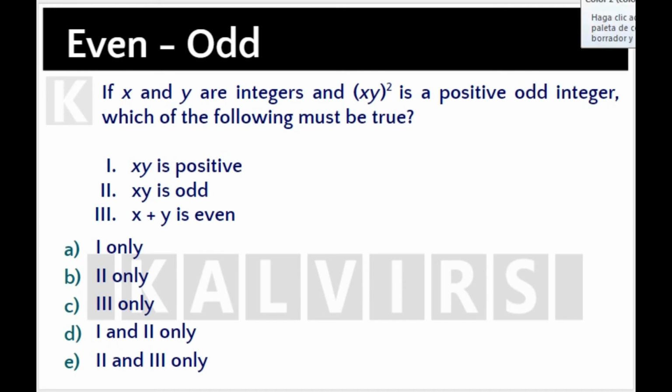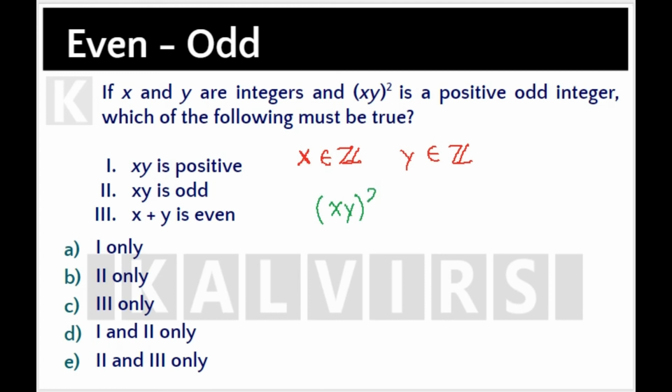If x and y are integers and x times y, squared, is a positive odd integer, which of the following must be true? First of all, the problem states that x is an integer and y is an integer as well. Now, x times y, everything squared, is a positive odd integer.